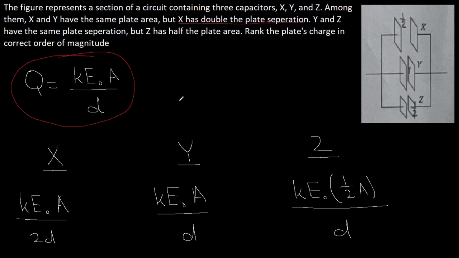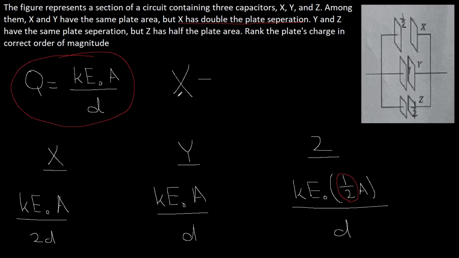For Y, it says that it has the same plate area as X and the same plate separation as Z. So you leave nothing, you just leave that as is. For Z, it says that it has half the plate area as Y. So then you put the 1/2 here, and if you just plug in the equation as is with the 1/2 and the 2, you get that X is equal to Z, and they're both less than Y.